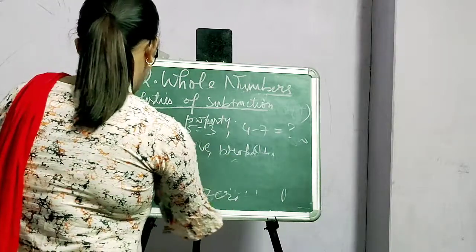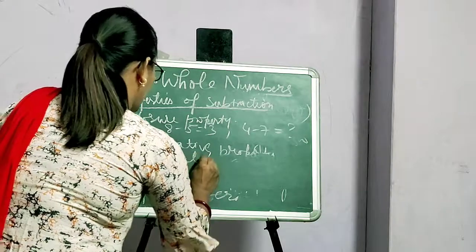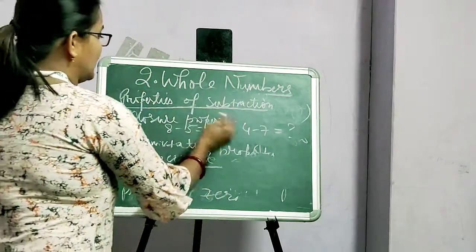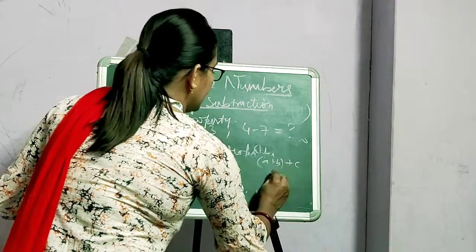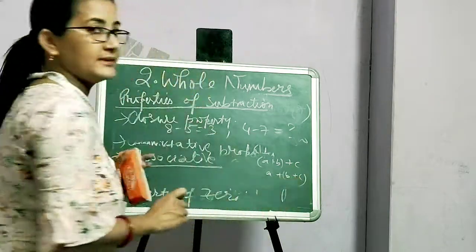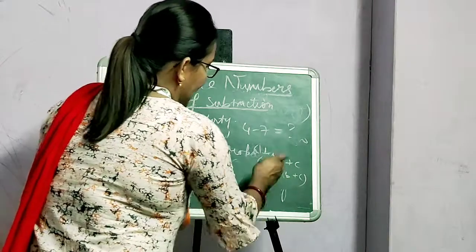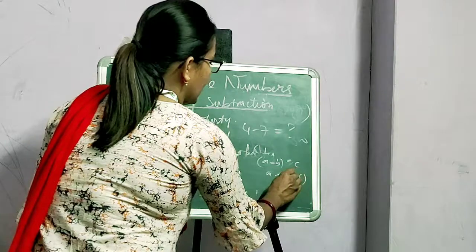Next is associative. What I told at that time: suppose (a plus b) plus c, and a plus (b plus c). So in case of minus, suppose all are minus: (a minus b) minus c, and a minus (b minus c).